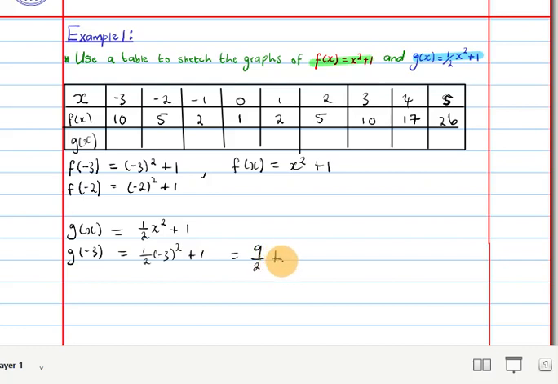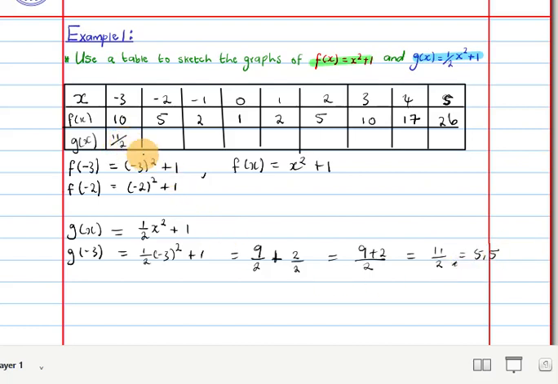We can write 1 as 2 over 2 to have a common denominator. So we have 9 plus 2, and as the result, you end up with 11 over 2. 11 over 2 is equal to 5.5.